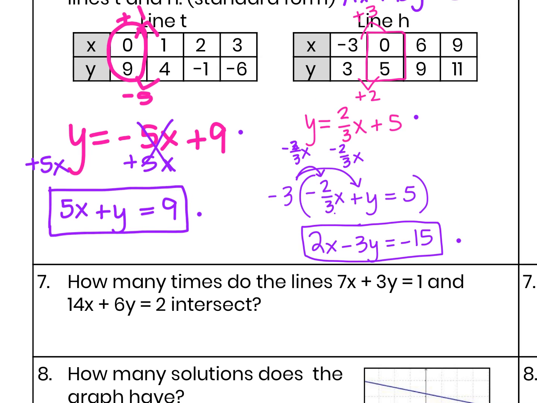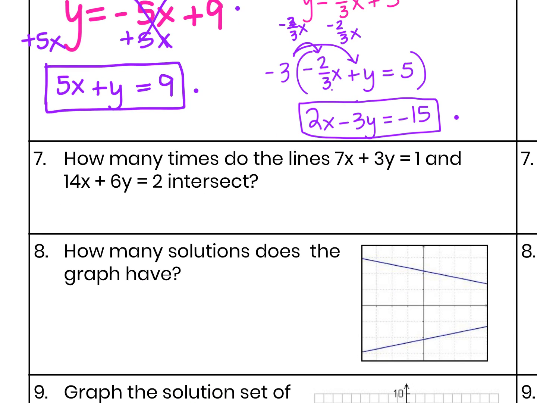Okay, number 7. How many times do the lines 7x plus 3y equals 1 and 14x plus 6y equals 2 intersect? So normally I would tell you to graph this on your calculator, but like I said, I can't show you my calculator. So I'll give you an idea of what it looks like.